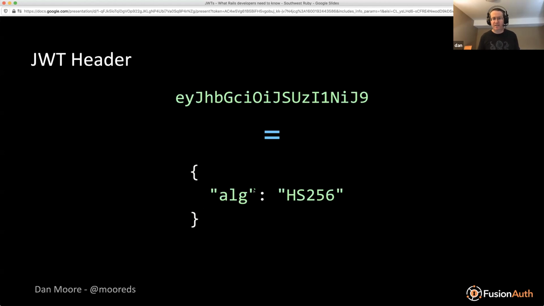A claim, by the way, is just a key here. So the alg claim is HS256 in this instance. The header is really designed to give you metadata about the JWT, and it will help any libraries or custom code that you write to validate the JWT. So basically, if you see an algorithm of HS256, you know you should verify this JWT signature with that algorithm.